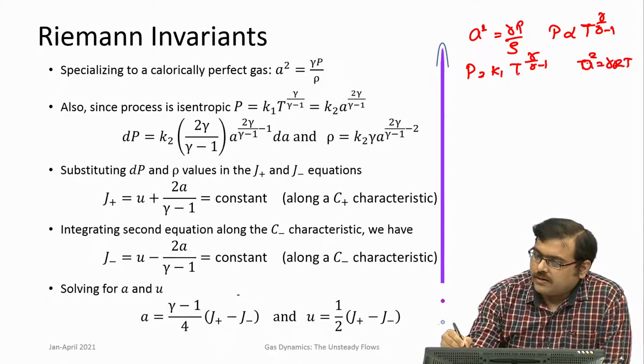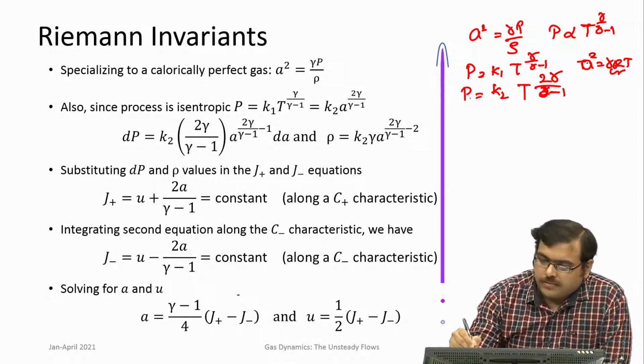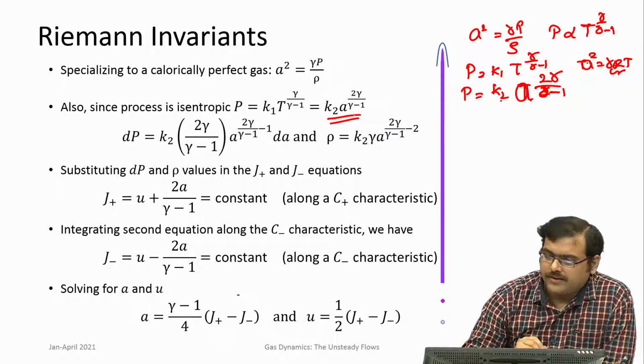So you can use this fact here. T can be replaced by a squared, with other additional constants getting multiplied. So you get p goes as k2 a power 2 gamma by gamma minus 1, where a is the speed of sound. This is how we get this.